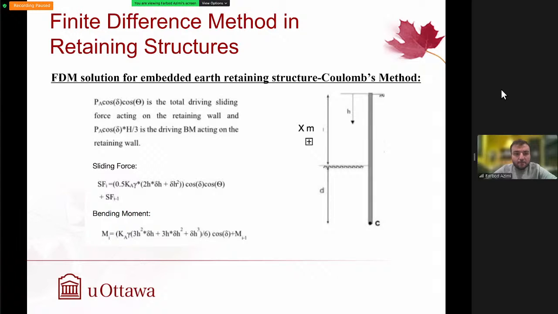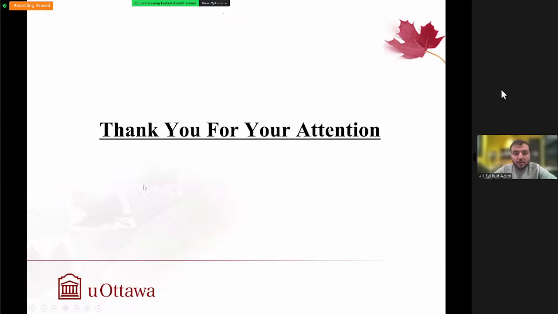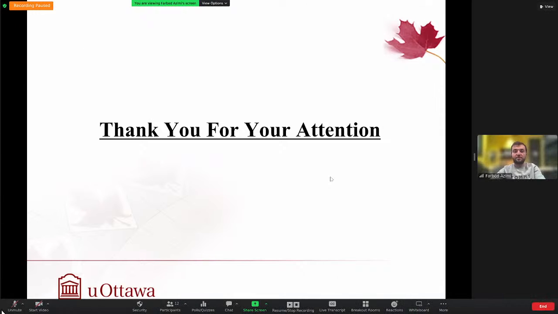Similarly, in this case, we should consider the sliding force, and we can find the bending moment for each elevation using the previous layers. As you can see here, we can find the moments, shear, and the sliding force for each specific level. Thank you, everyone. That's all for our presentation.